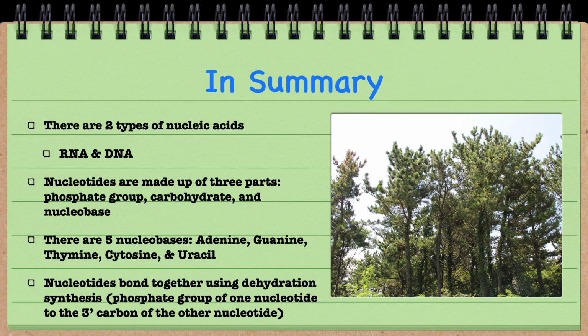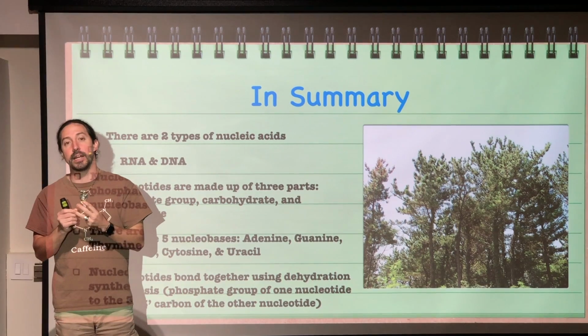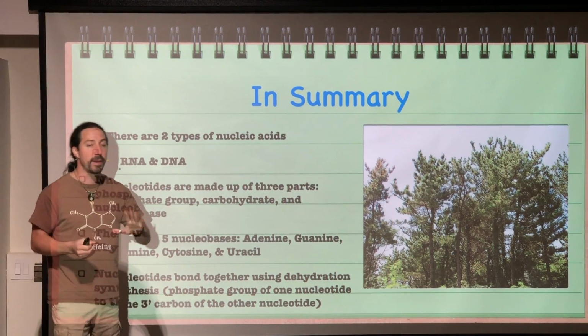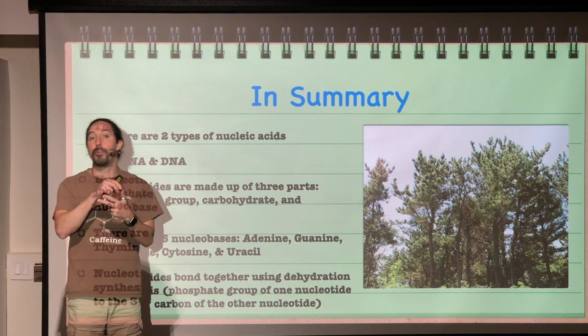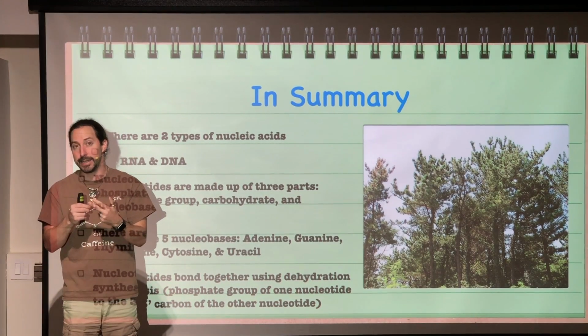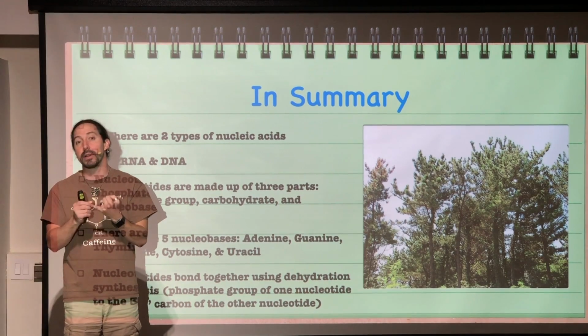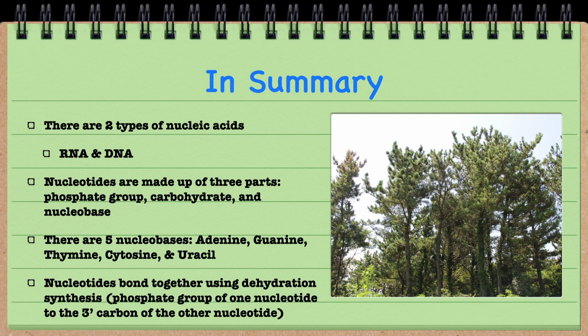Every single nucleic acid, though, is made up of nucleotides, which have those 3 parts: the phosphate group, the carbohydrate, and the nitrogenous base, of which there are 5 different nitrogenous bases: adenine, guanine, and cytosine being found both in RNA and in DNA, thymine only being found in DNA, and uracil only found in RNA. So that is the way that we can think about those.